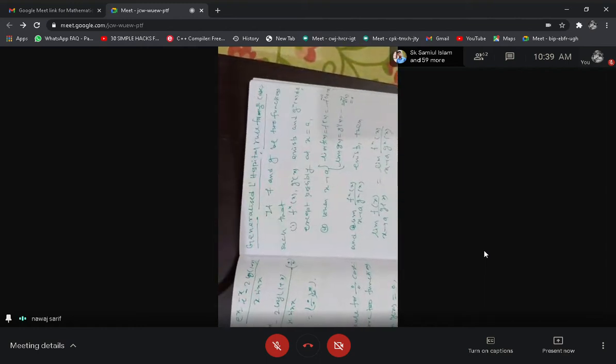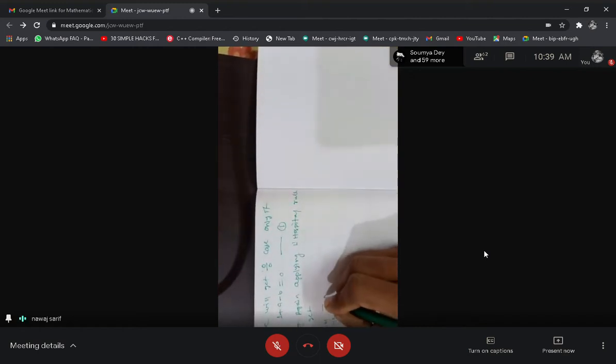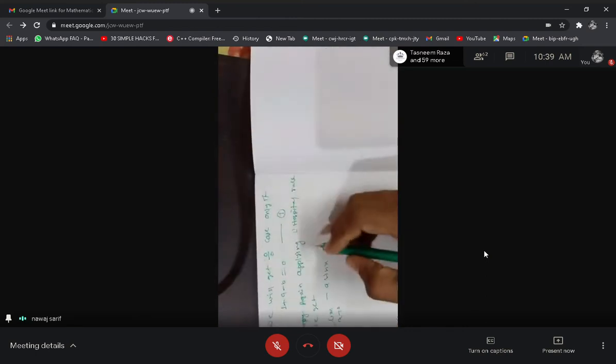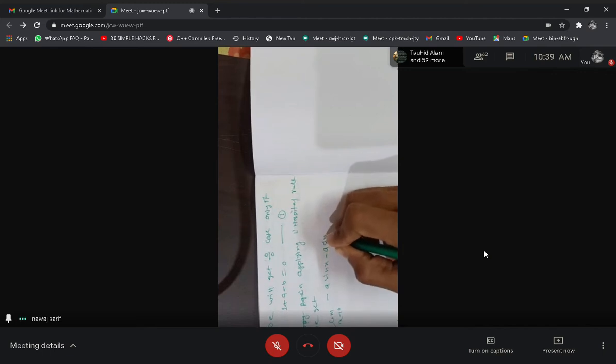And what is the derivative of this one? Derivative of 1 plus a cos x is minus a sin x. Then derivative of minus a x into sin x, so this one is minus a into sin x.